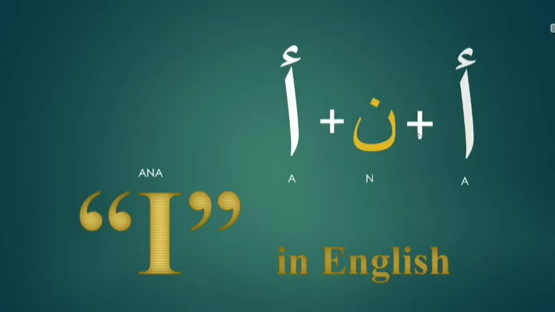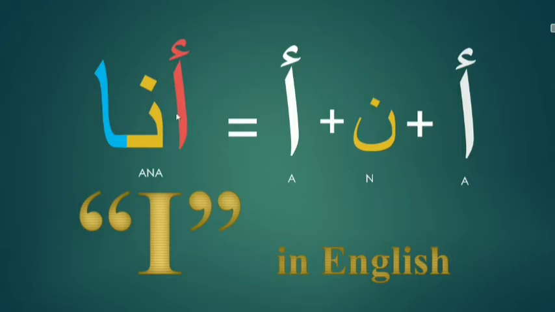How do we write it when we connect the letters to each other? It's like that. The first letter, Alif. The red letter is Alif here, and the second letter is Noon, like that.